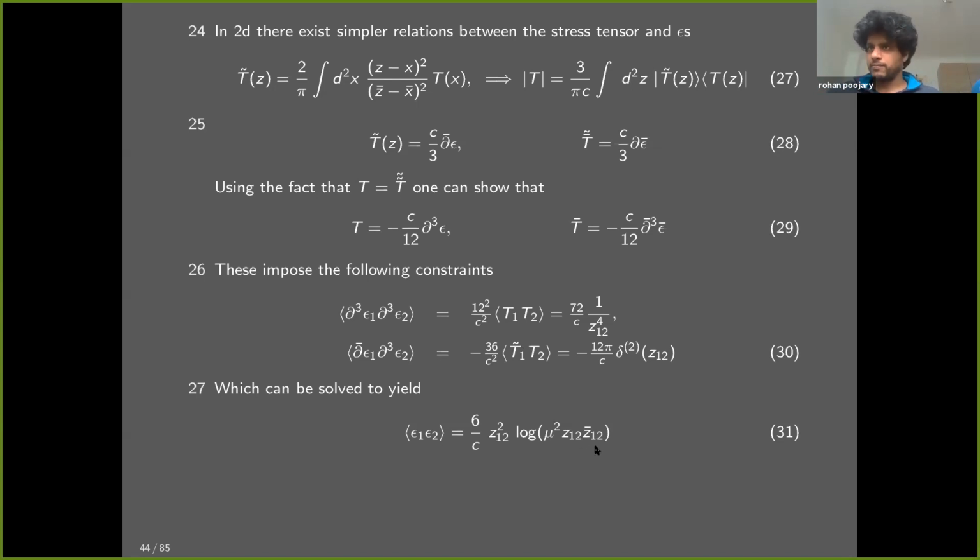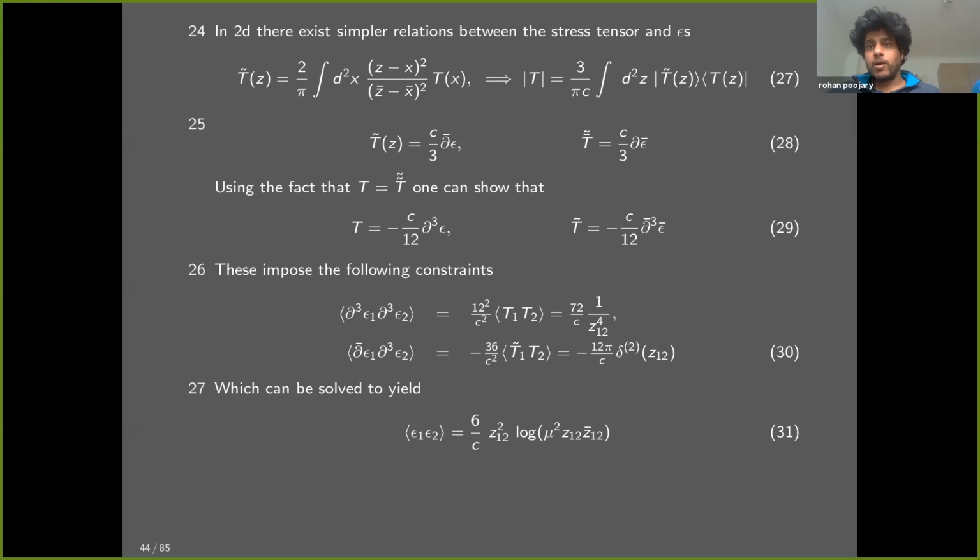This z bar dependence is important because otherwise you will not get this delta function, for instance in 30. Of course, if you want to restrict to the physical part, then you throw away the additive piece with z bar dependence, insist on holomorphicity, and just keep this piece.